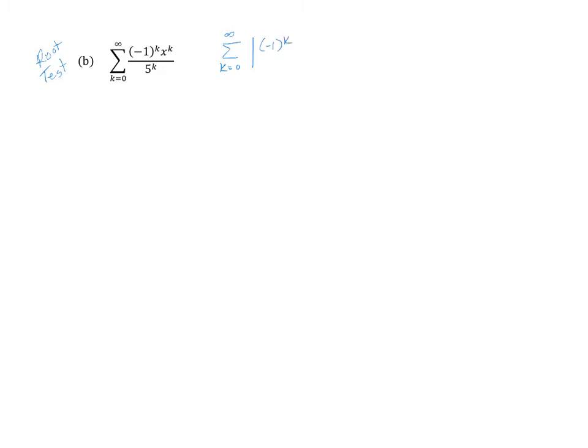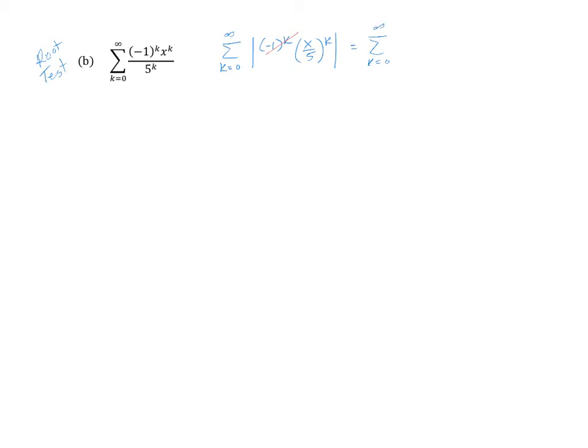X to the k over 5 to the k, I'm going to write that as x over 5 to the k since they have the common exponent k. And since this is absolute value, I can ignore this -1 and take the limit of this series.